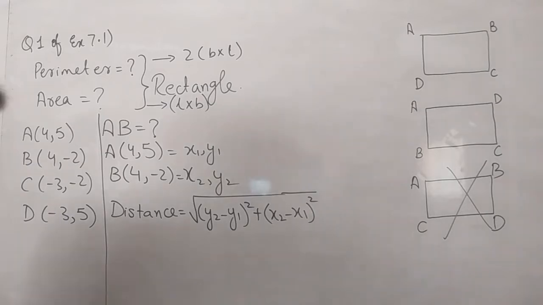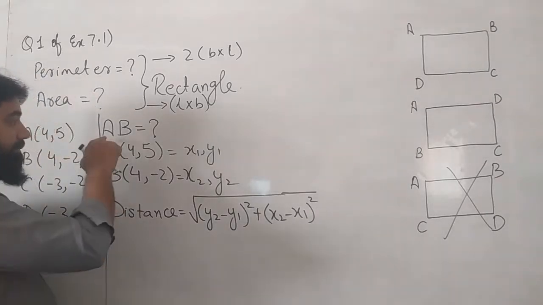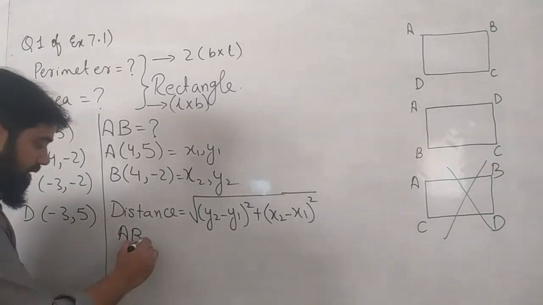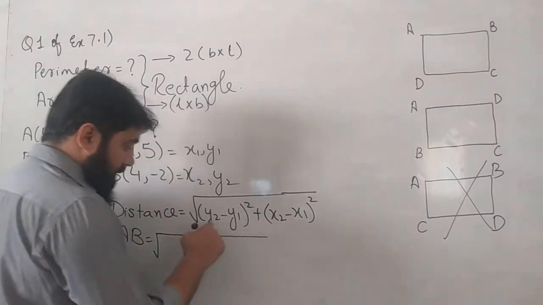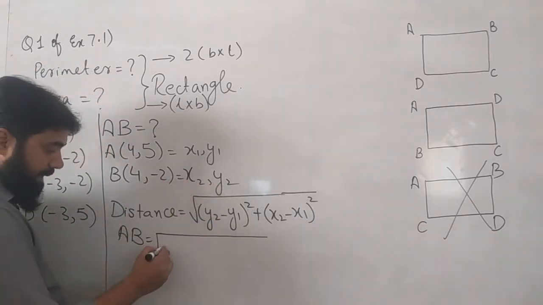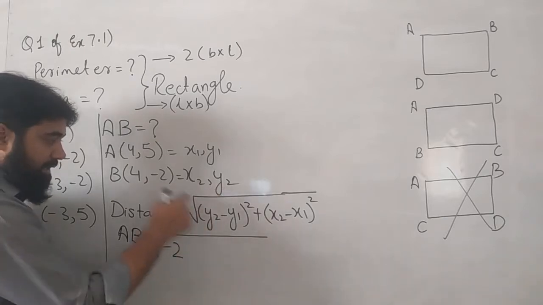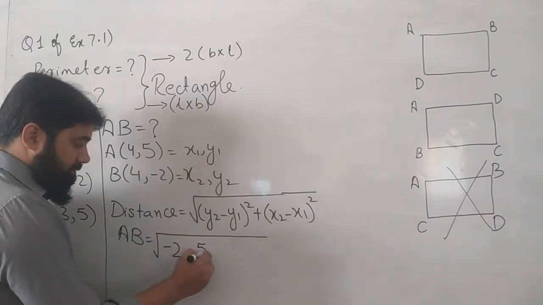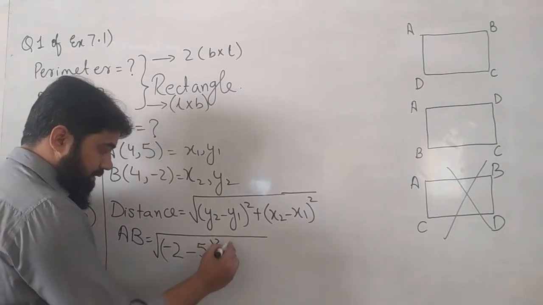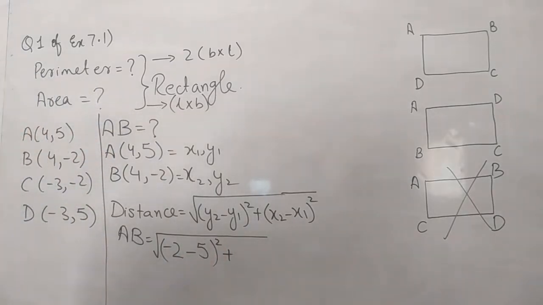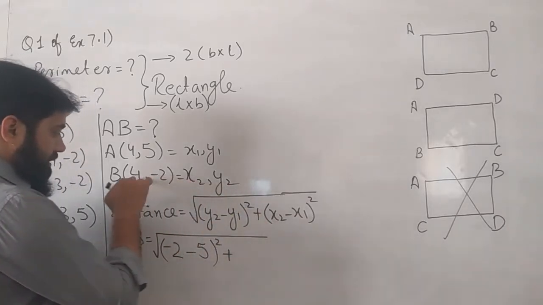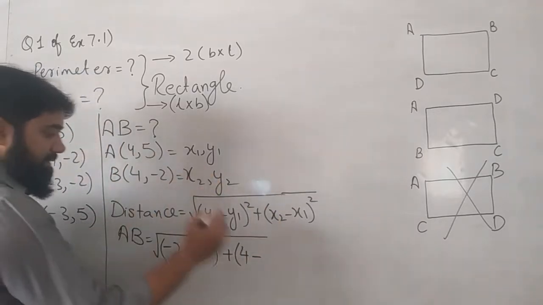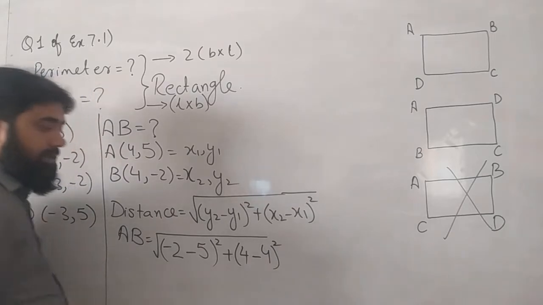The distance is being taken between AB, so AB equals the square root of y2, which is minus 2, minus y1, which is 5, whole square, plus x2, which is 4, minus x1, which is 4, whole square.